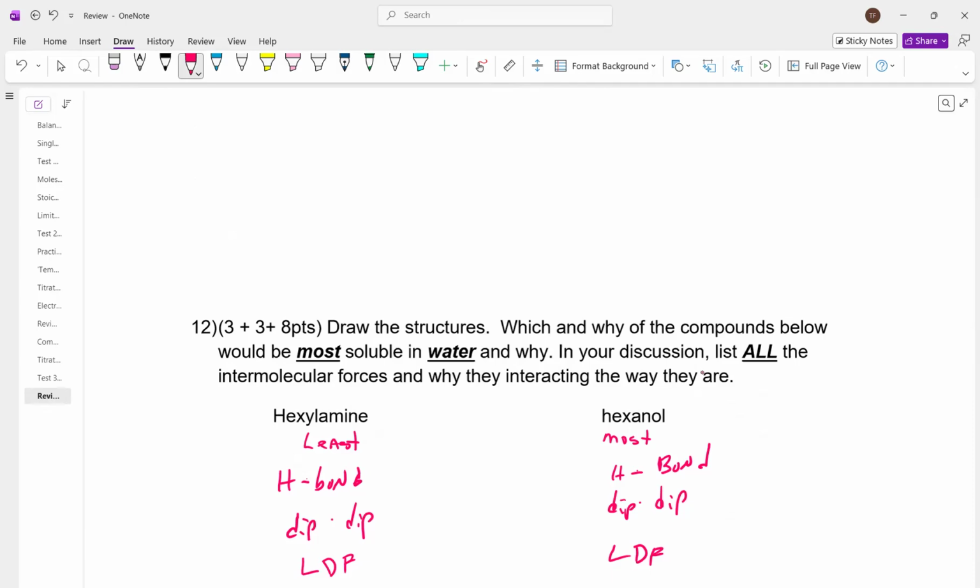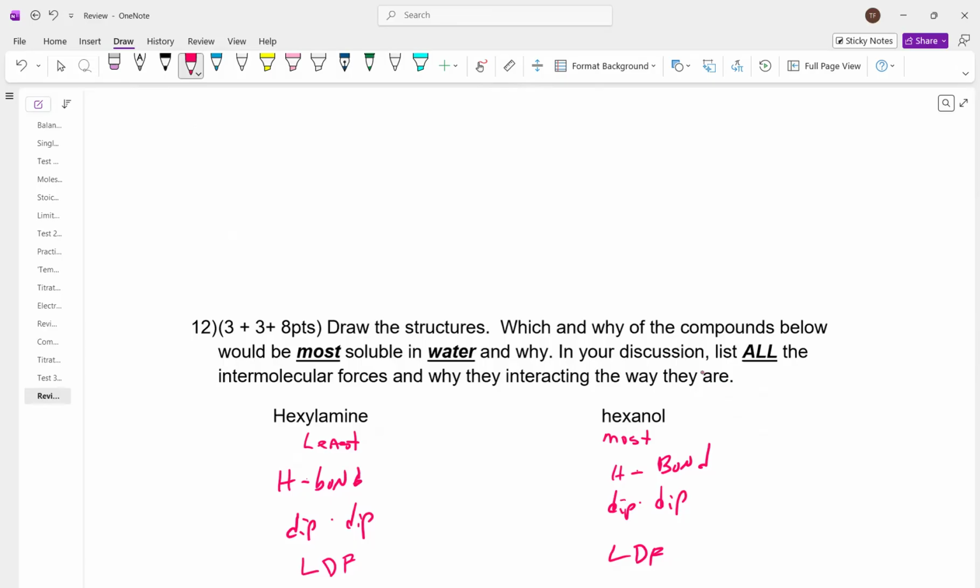But again, the nitrogen hydrogen bonding is not as strong as the OH alcohol hydrogen bonding. So that's why the hexanol will be most soluble. The hexamine is going to be least soluble, still going to be soluble though, because it does have that hydrogen bonding.